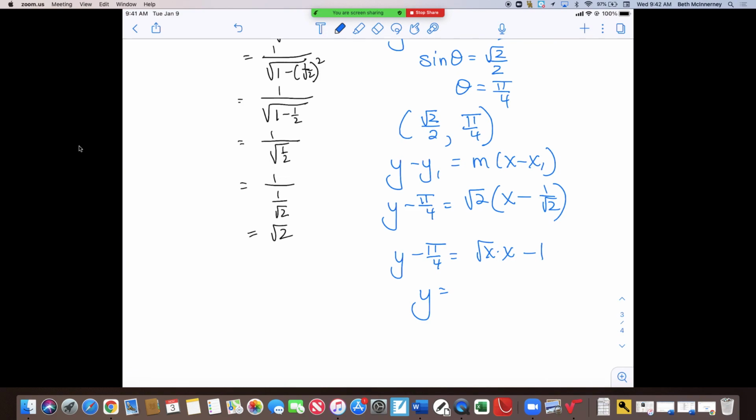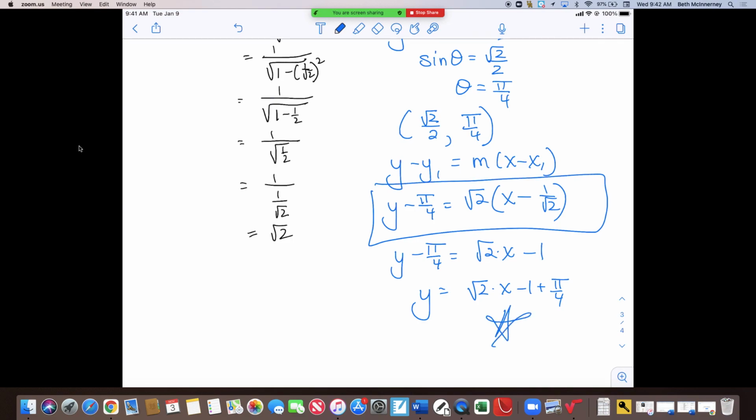I don't know why I just did that. I do weird stuff sometimes. That's square root 2 times x. Would you get square root 2x minus 1 plus pi over 4? I mean, of course, if it's free response, point slope, but they like to do that on multiple choice.